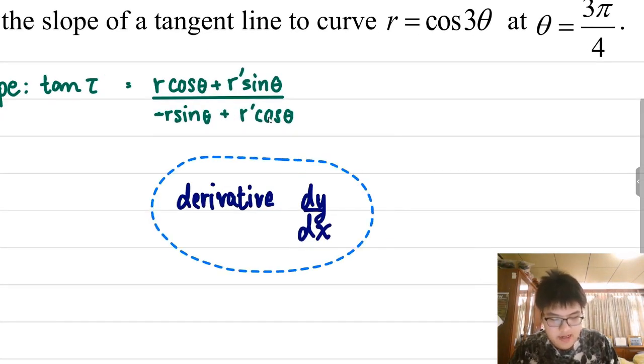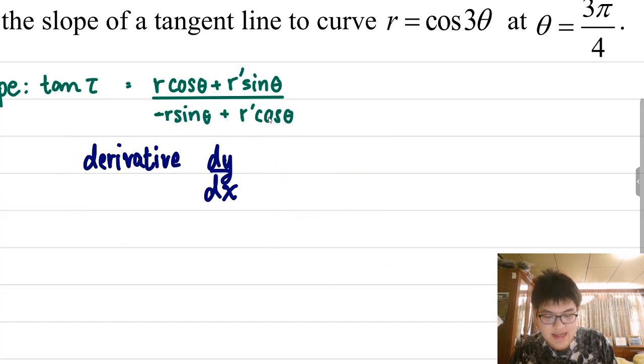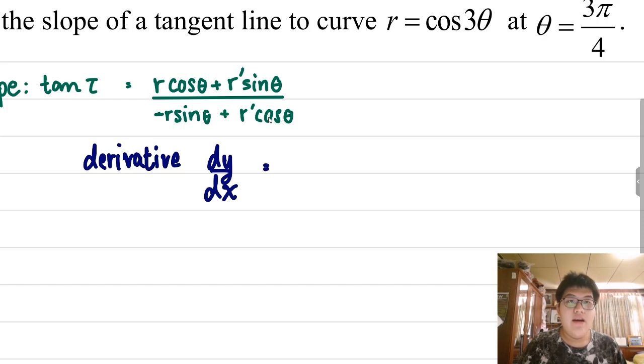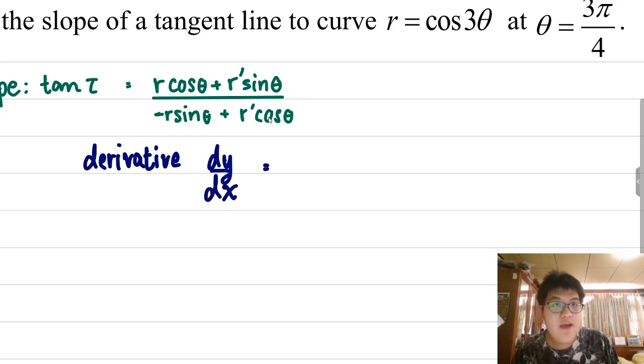The derivative dy by dx is the derivative of y divided by the derivative of x. In the rectangular coordinate, y is a number or something, but in this case it is in terms of theta or r, the radius. So we will find this with respect to theta.